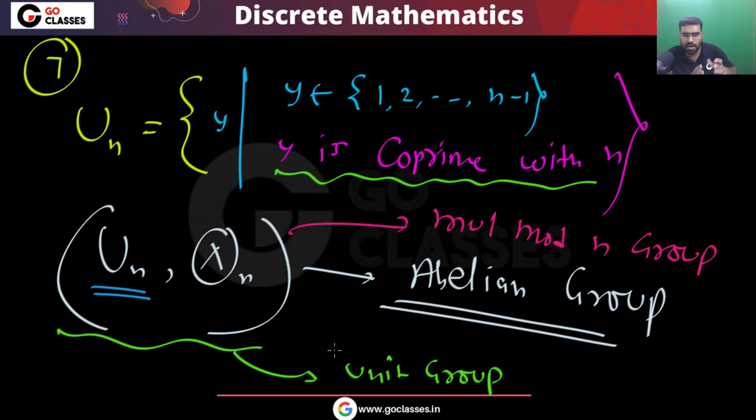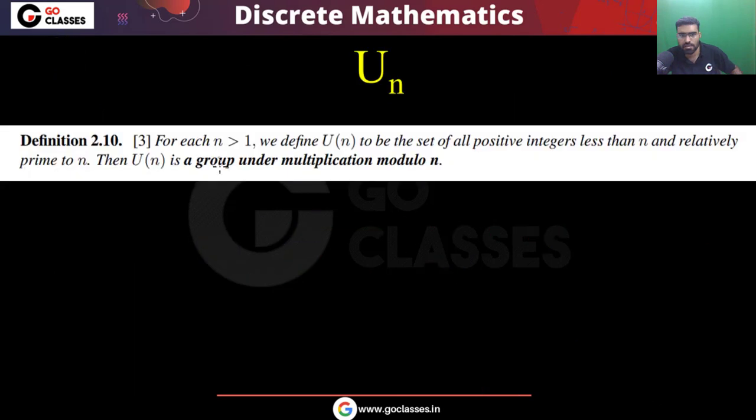So for each n greater than 1, what is Un? Un is the set of all positive integers less than n which are relatively prime to n.